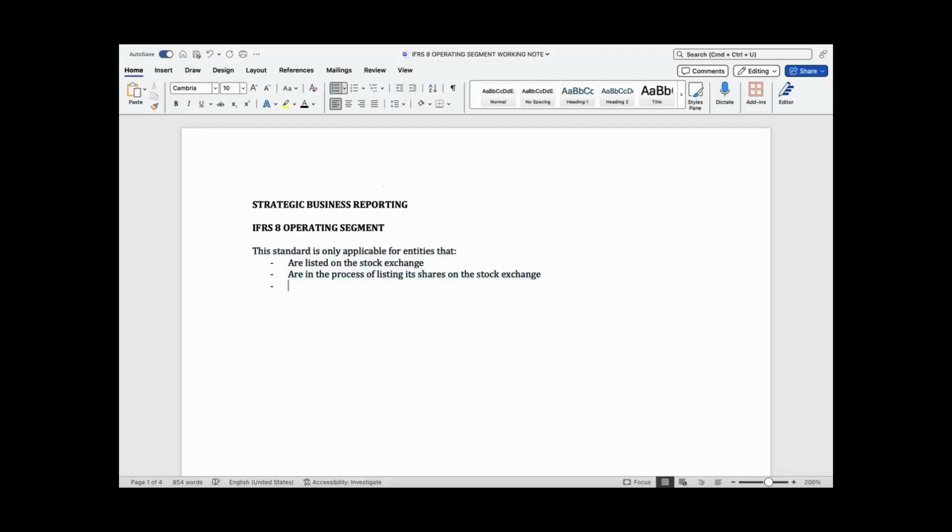We don't need you to apply all of those. Additionally, if an entity has subsidiaries that it now prepares consolidated financial statement or group account, when you're applying this standard, the segment information that you give us should be provided on the basis of the group account, the consolidated financial statement, not on your separate account.